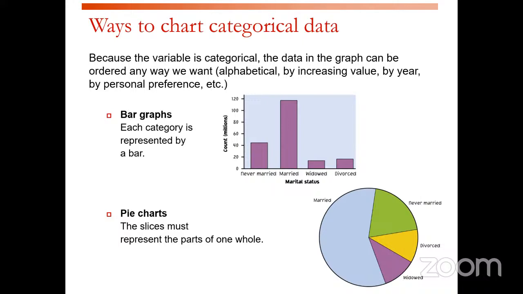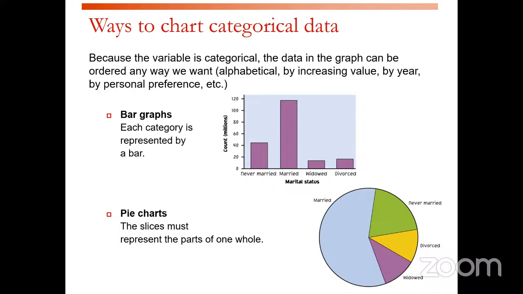Bar graphs are mostly useful when you are comparing different categories, maybe fruits, or maybe types of blood groups, etc. But when you are talking about different subparts of a whole and you would like to compare them, the better possible way is the pie chart. Okay.